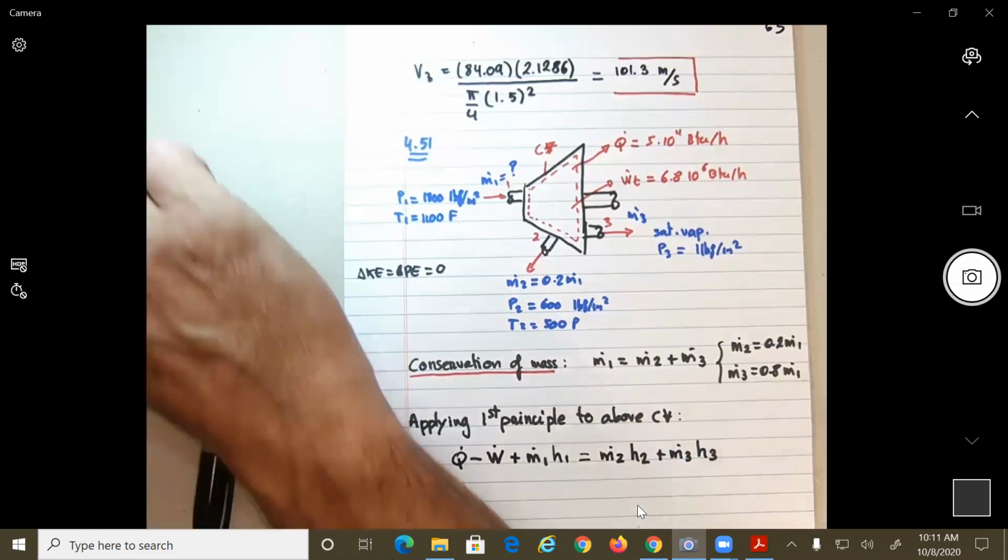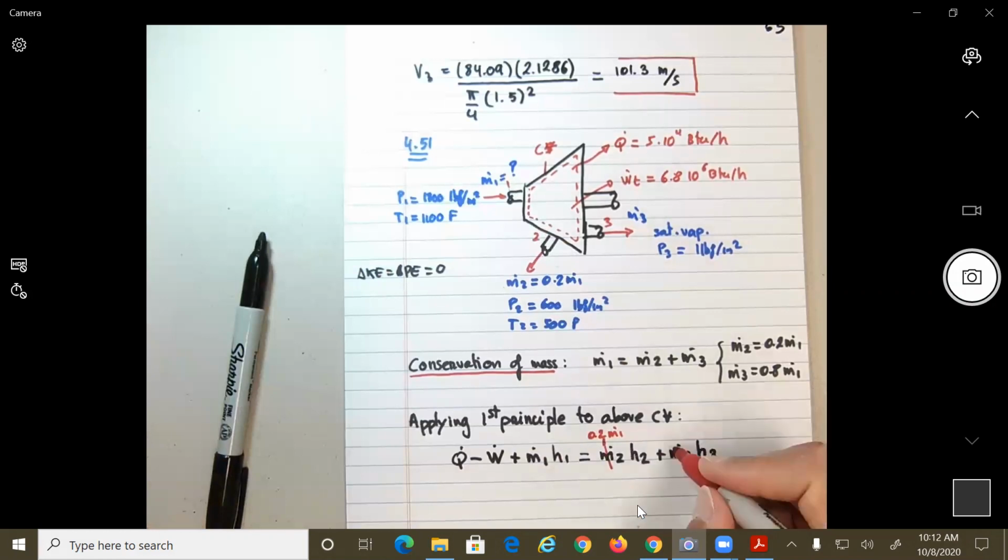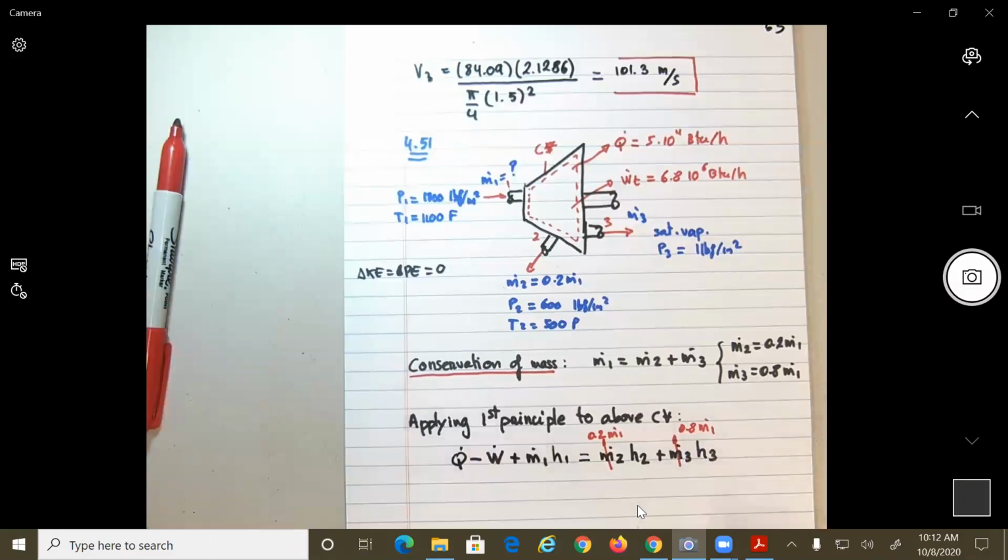So here, you can see right away that M2 is 0.2 of the mass flow 1, and that M3 is 0.8 of the mass flow 1. So we can rewrite this equation as Q dot minus power plus M dot 1 H1 equal to 0.2 M dot 1 H2 plus 0.8 M dot 1 H3.